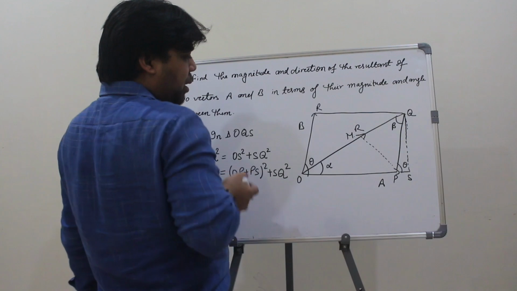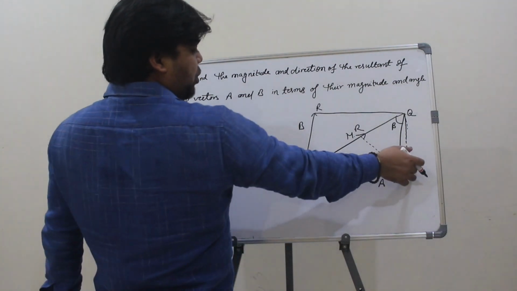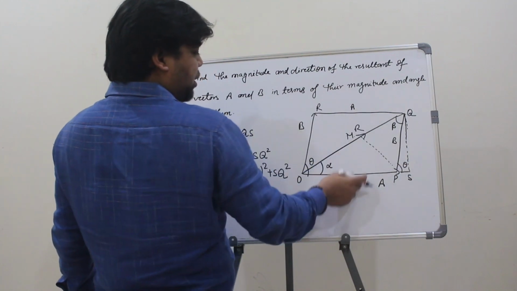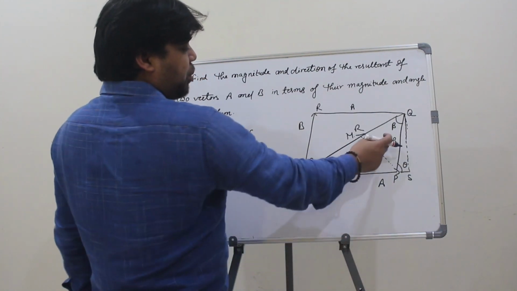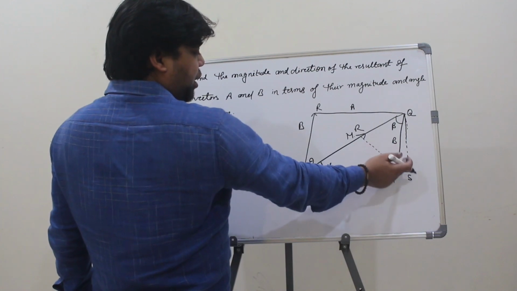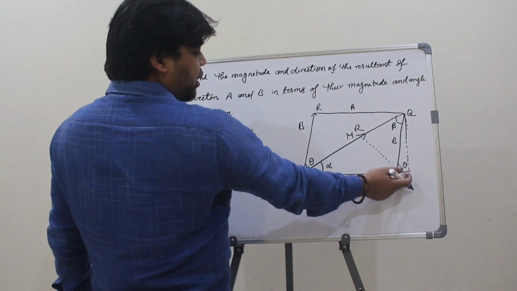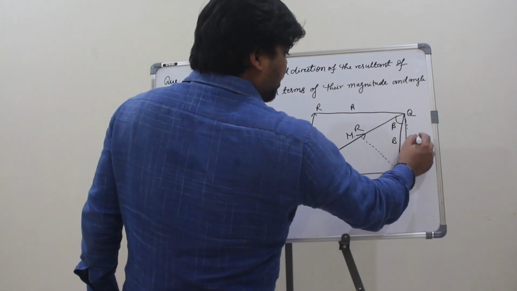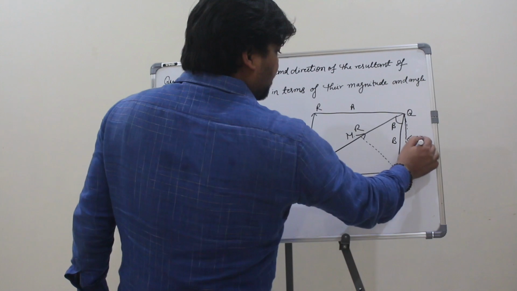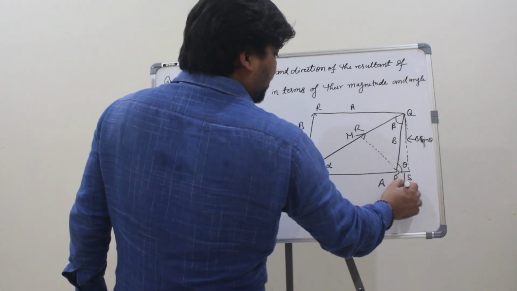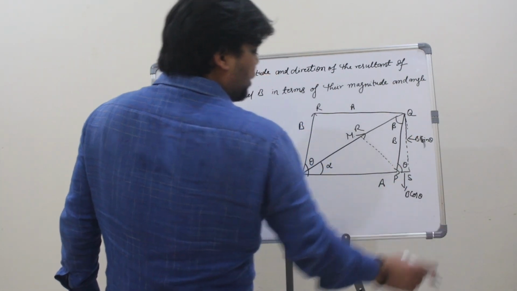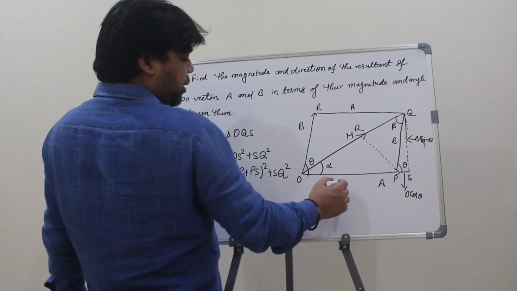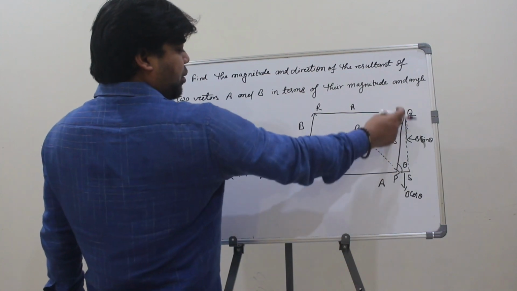you will see that if this is vector B, this is also vector B, and this is vector A, this is also vector A. So this is B cos theta, and this is B sin theta. Now what is this?